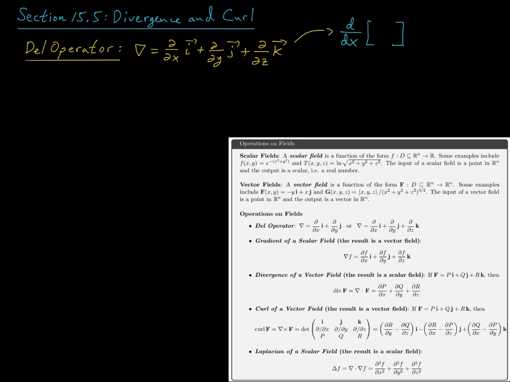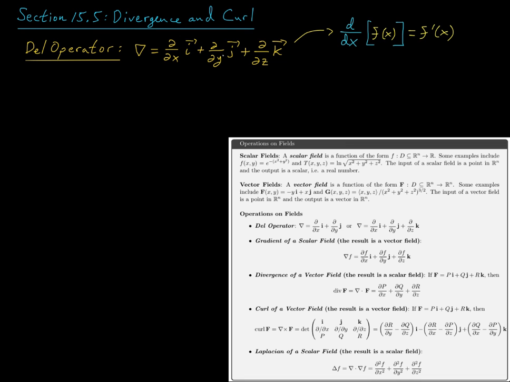Now you can think about this as a function in its own right. So now the input is a differentiable function. So you feed this thing a function f, and then it outputs the function's derivative. Much the same here for this del operator.